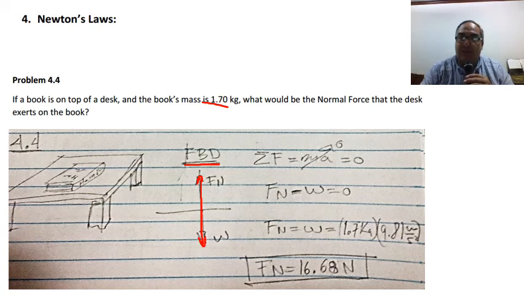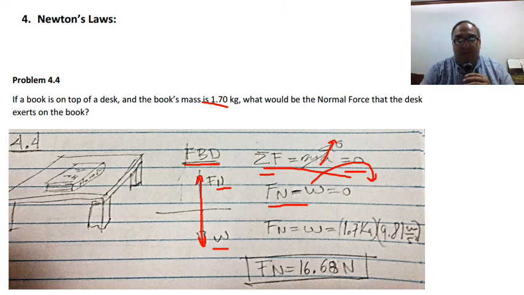So we have the weight there, and from Newton's laws, we don't have any acceleration, so acceleration is 0. We have the sum of forces equals 0. And the sum of forces is just the two forces that we have here, the Fn and W, right? So we put W, or the weight, on the other side.